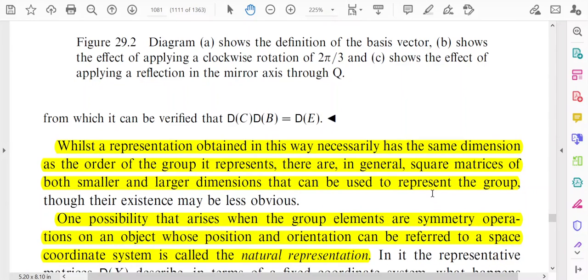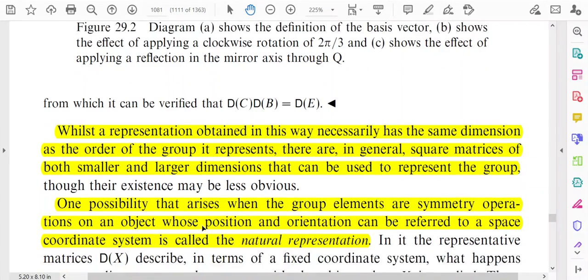That means it is not always the case that we will obtain a representative matrix of the same dimension as the order of the group. Rather, in some cases we may obtain representative matrices whose dimension is smaller than the order of the group, and we can also obtain matrices of larger dimension.